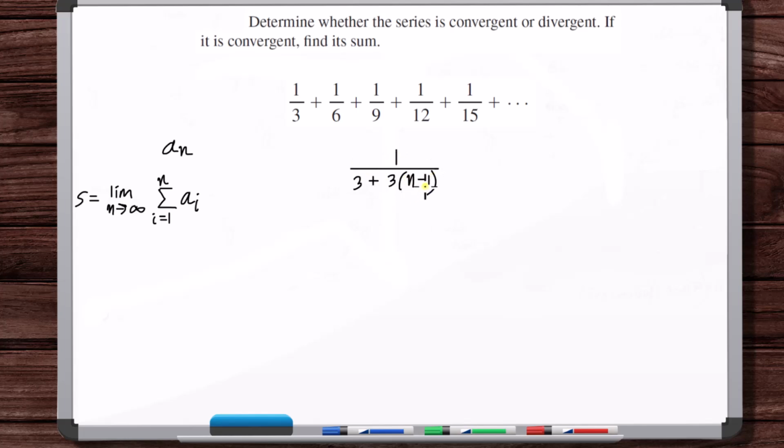So when n is equal to 1, that's the first term, we just get 3. When n is equal to 2, you get 3 plus 3. When n is equal to 3, you get 3 plus 6. Okay, now we can simplify this: 3 plus 3n minus 3. So it's just 3n. Okay, and so we can write it like this.